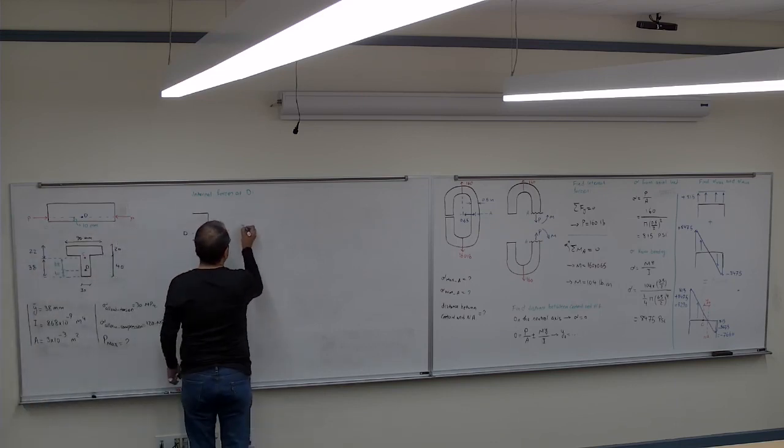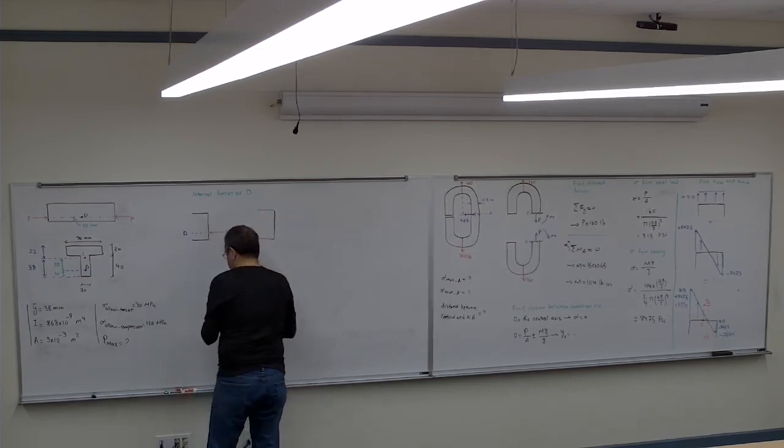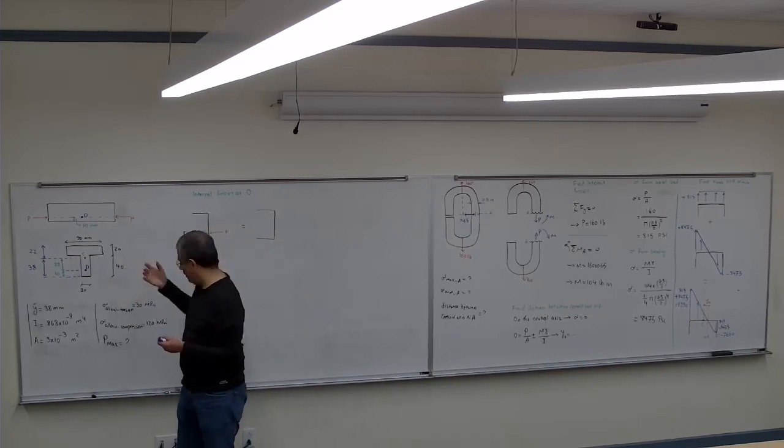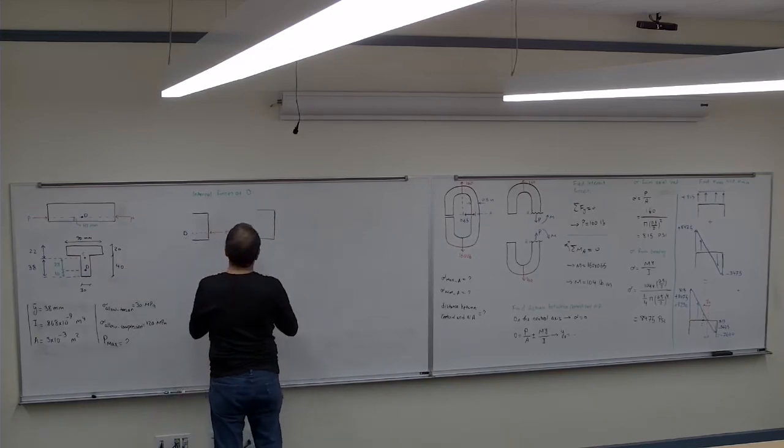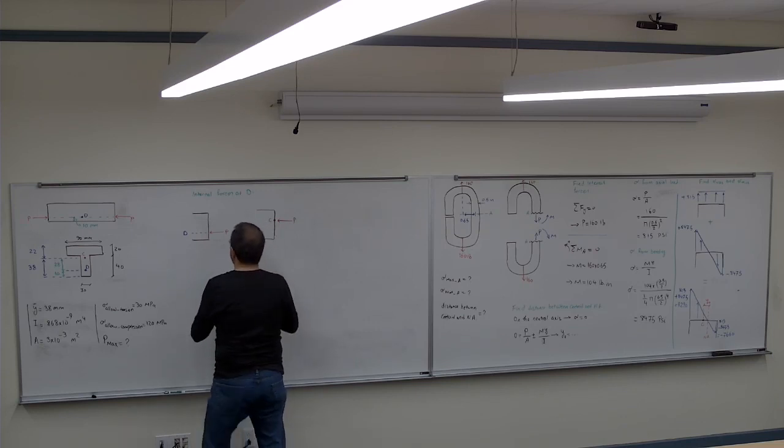So I have to go ahead and say, okay, I want this to be equal to the same cross section, but the centroid is up there. So the centroid is somewhere here. So that's the centroid, and I want the P to be there. And that's the point D here.